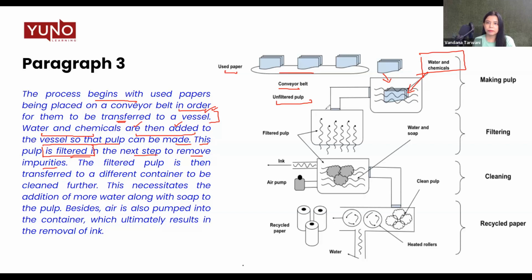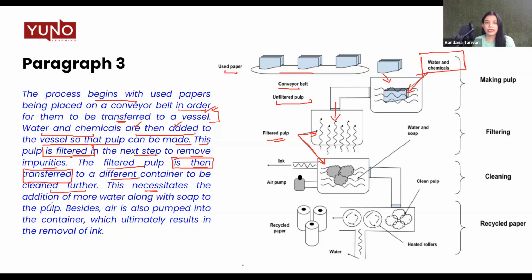So if you see here, it is being filtered. The filtered pulp is then transferred to a different container to be cleaned further. Again, look at the language, is then transferred. The filtered pulp is then transferred. So if you see, this is your filtered pulp and this is being transferred to this vessel to remove further impurities. How exactly we do that?